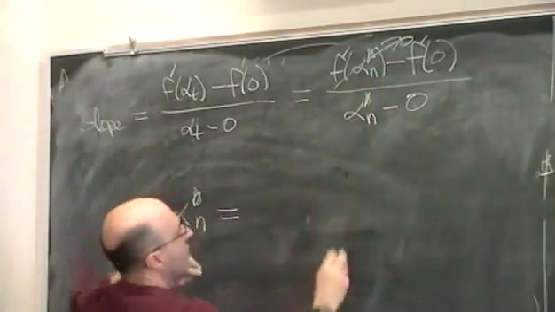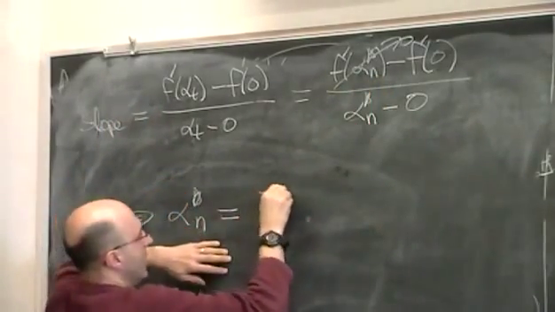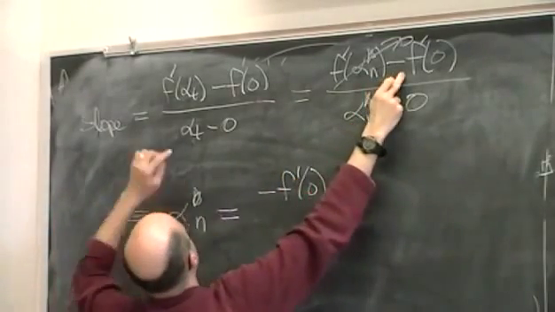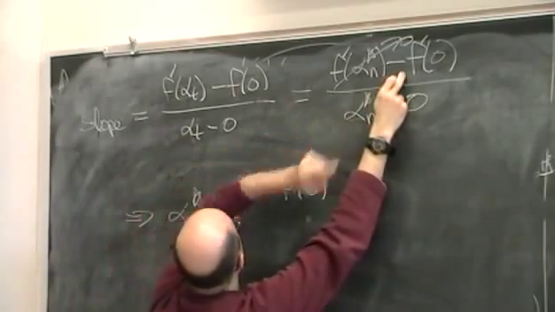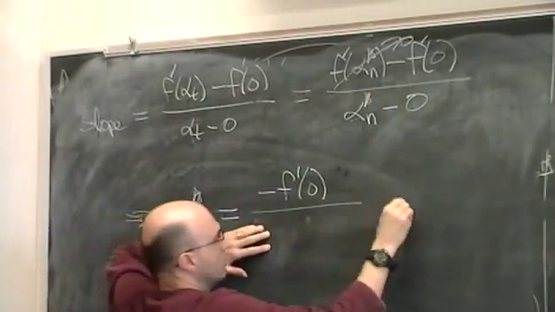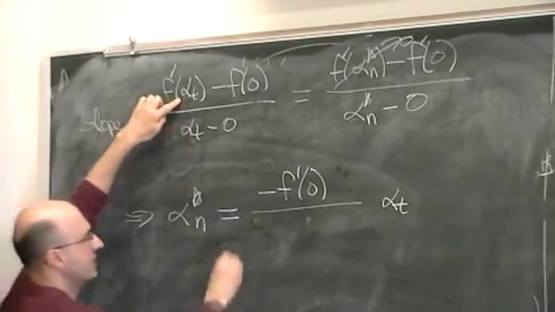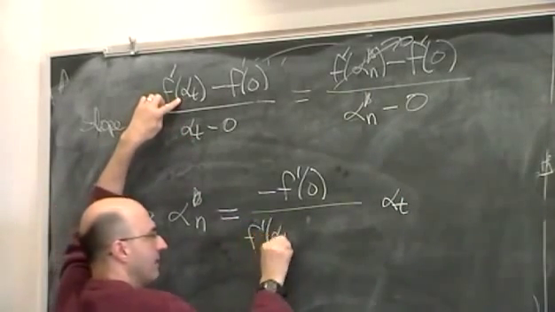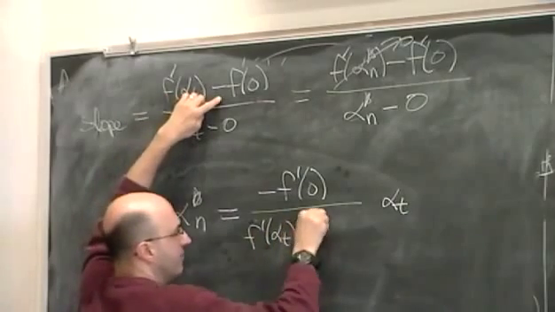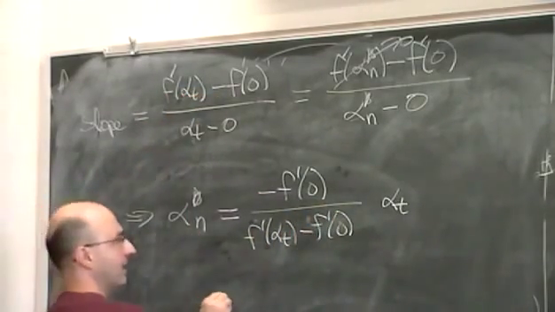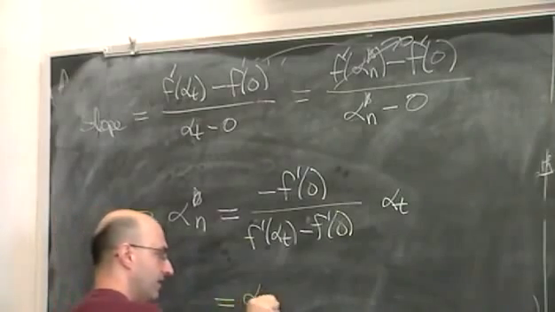On this side of the equation, I'm going to have minus derivative at 0. This one will come on top when it goes over there, so everything's proportional to alpha trial. That sets the scale, that makes sense. Then divide by this denominator, f prime at alpha trial minus f prime at 0. And then just to make it all complete, alpha trial times.